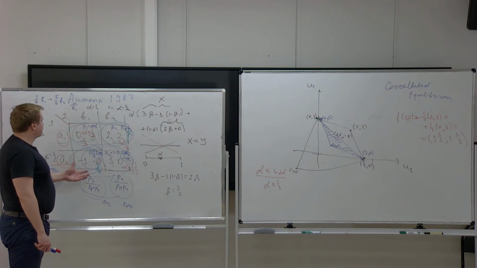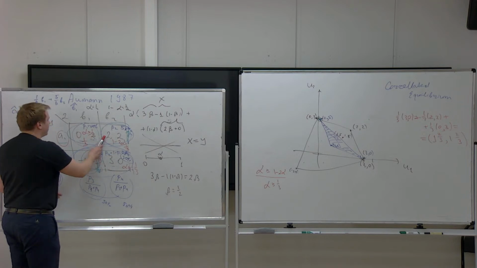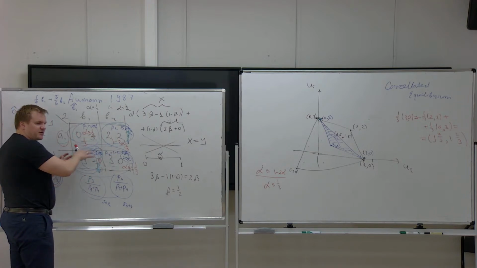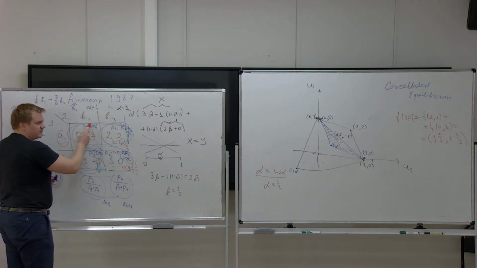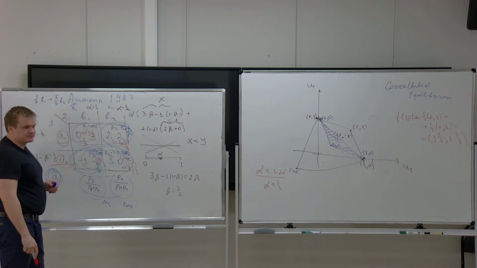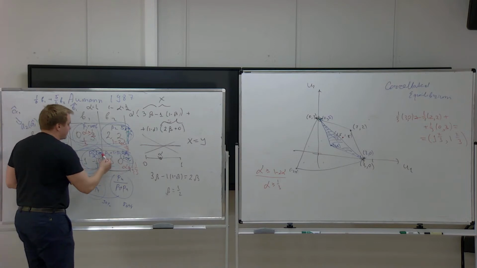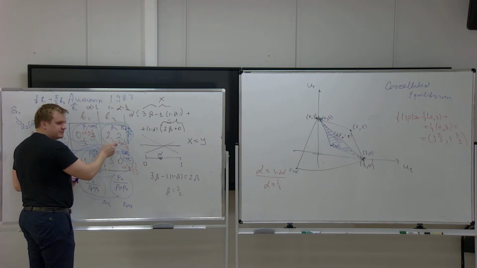In correlated equilibrium, we can get rid of bad cells, and we just use some suboptimal cells just to incentivize players. So for example, here we use the cell with probability 1/3 just to incentivize player 1 to play A1. Here we use this suboptimal cell to incentivize player 2 to play B2, right?